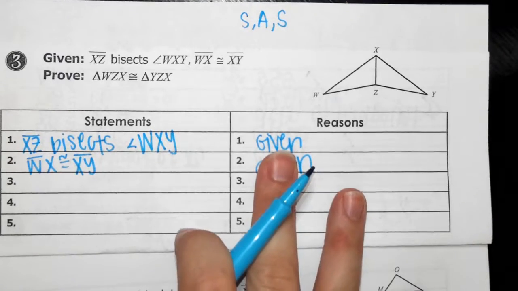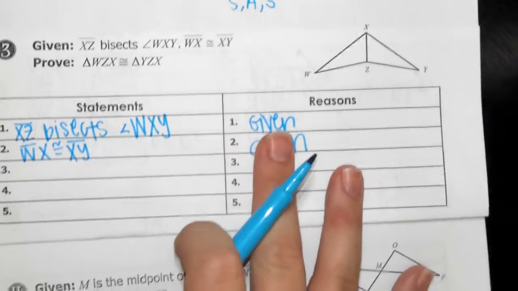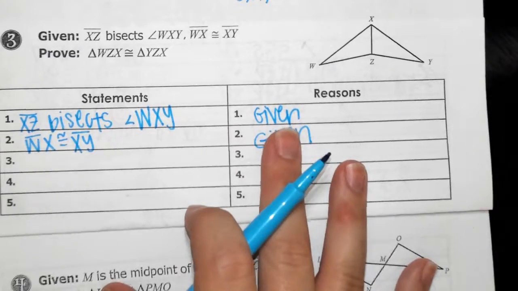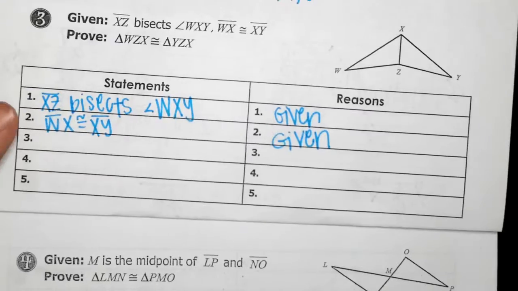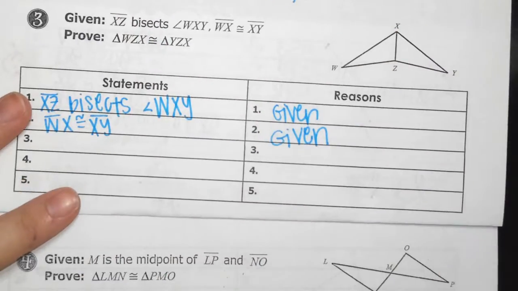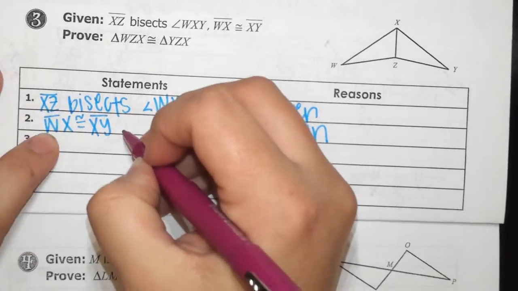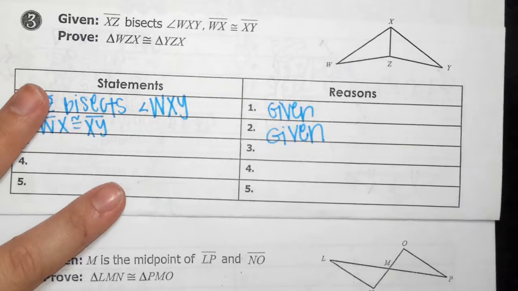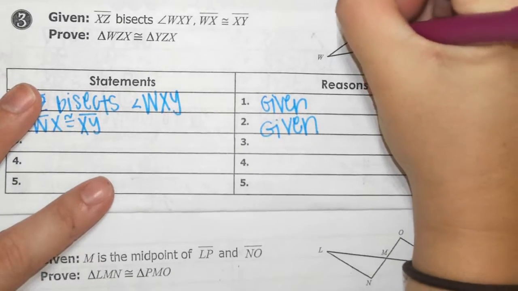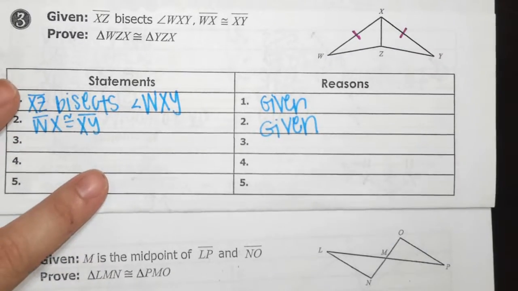How many, for sure, set in stone, this is equal to this, do we have? For sure, 1. WX is congruent to XY. So that's this is congruent to this.